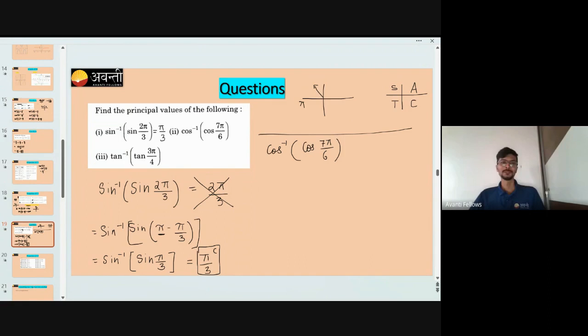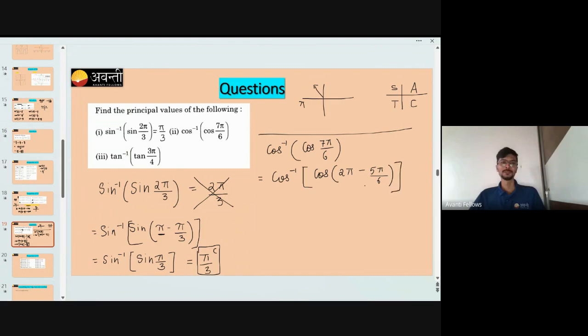Now, let us write this as cos inverse of cos of 2 pi minus 5 pi by 6.